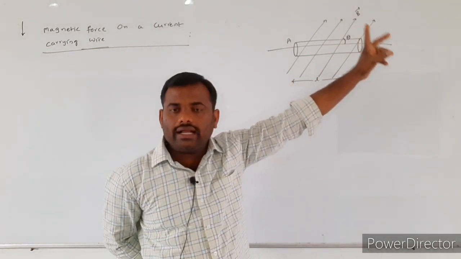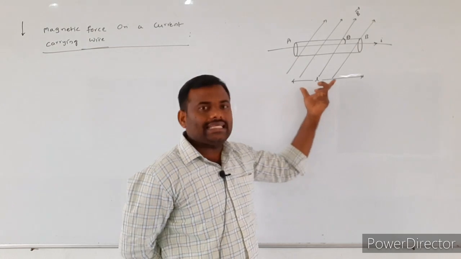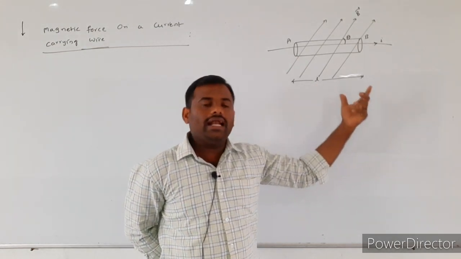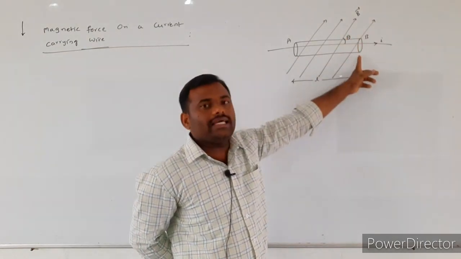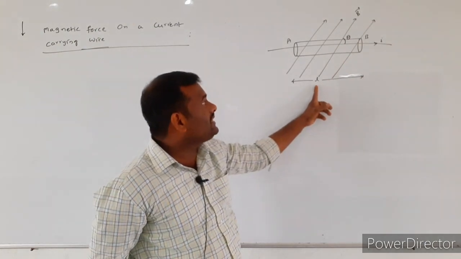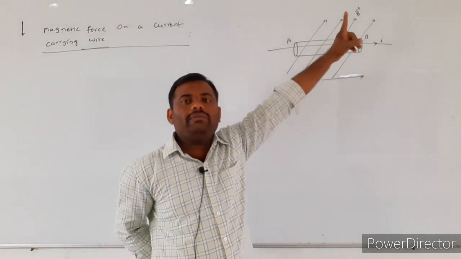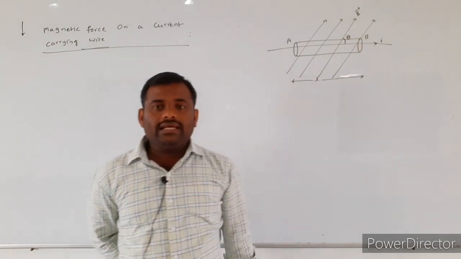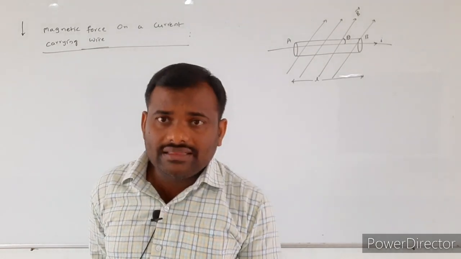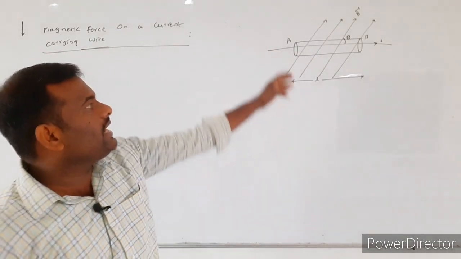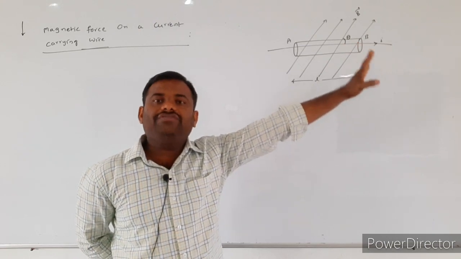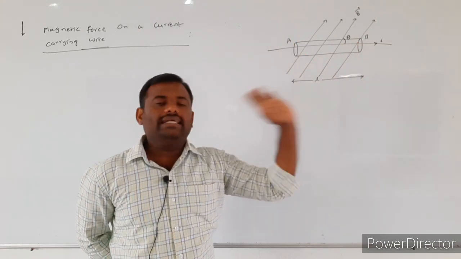L is the length of the conductor, and theta is the angle between the length of the conductor and the direction of the magnetic field.